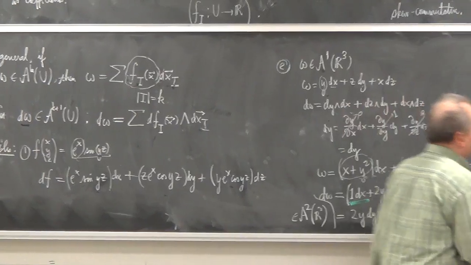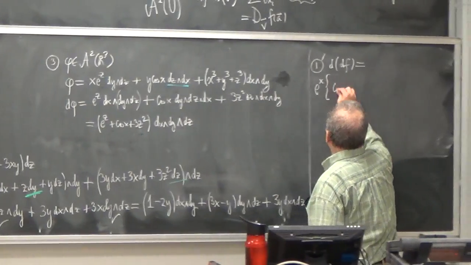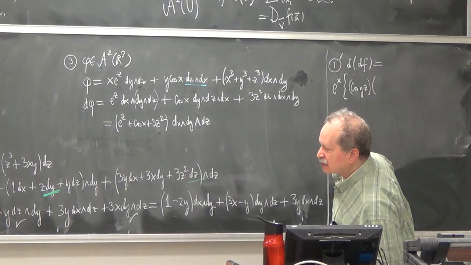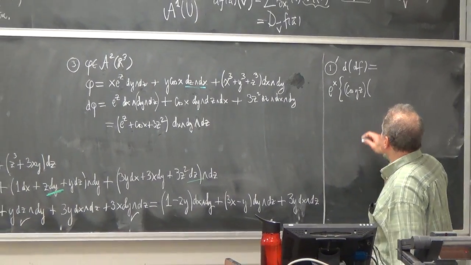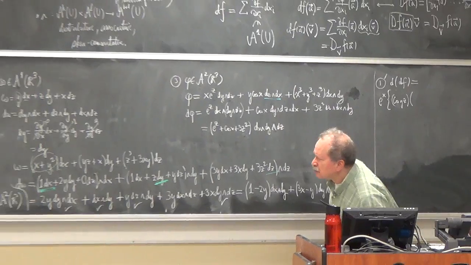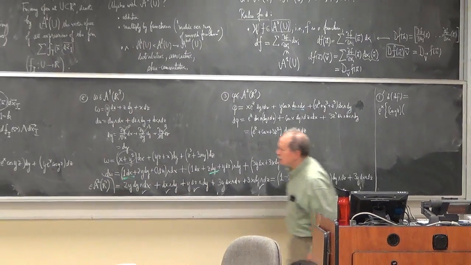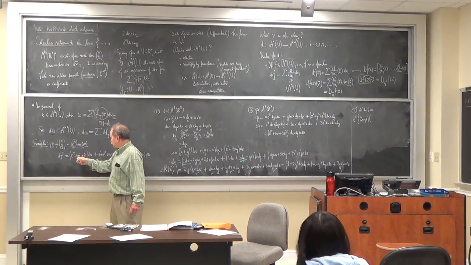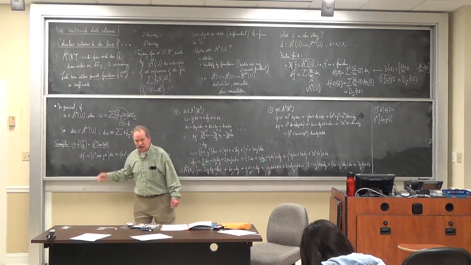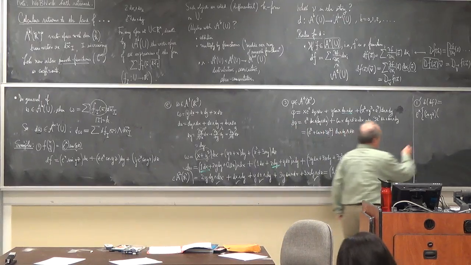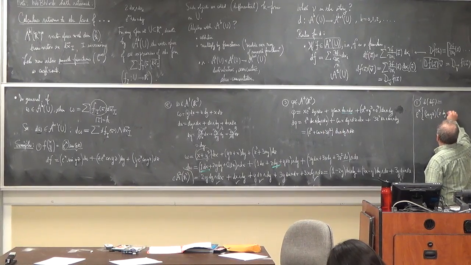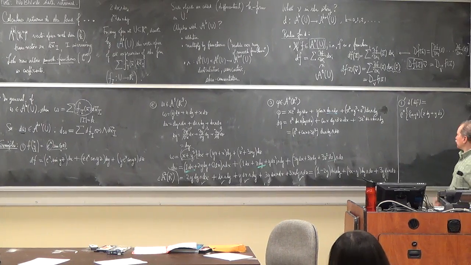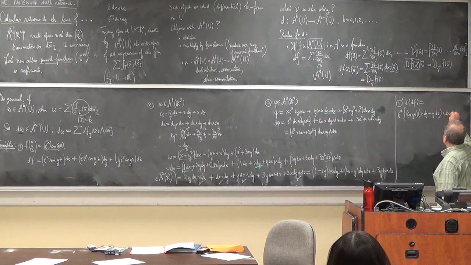So I'm going to have e to the x cosine yz times how many dy's? I'm taking the partial with respect to y, I get a z out in front, plus 1. So z plus 1. And then I get a y in front of the dz, and then that's all wedged with dx. Agreed?